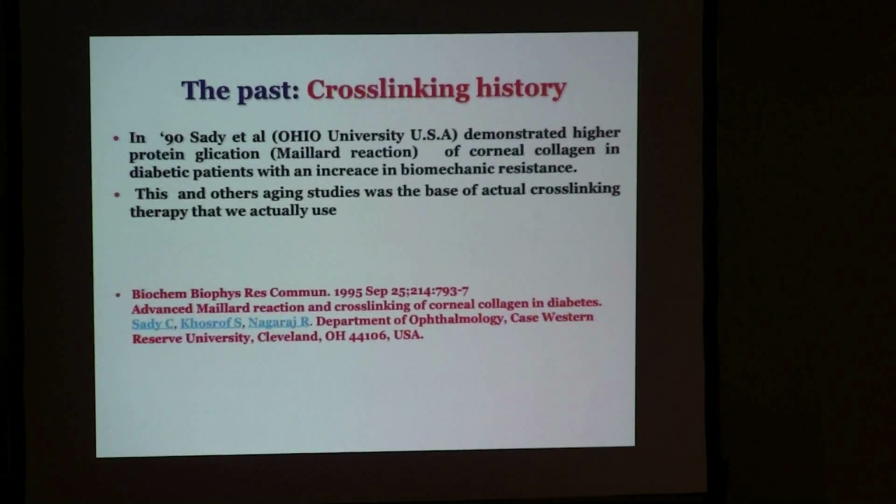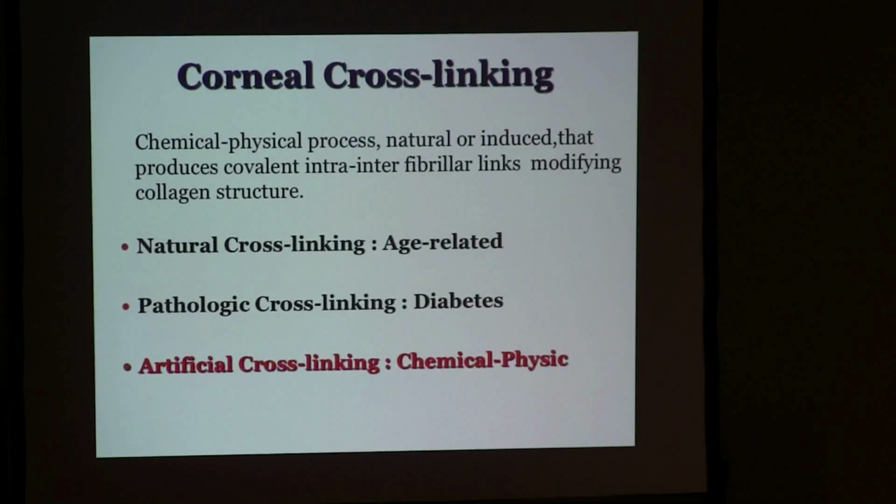And then in 1990, another American researcher demonstrated the mild reaction of corneal collagen in a diabetic patient. And this is the base of the concept that, after a lot of years, will concern the clinical application.